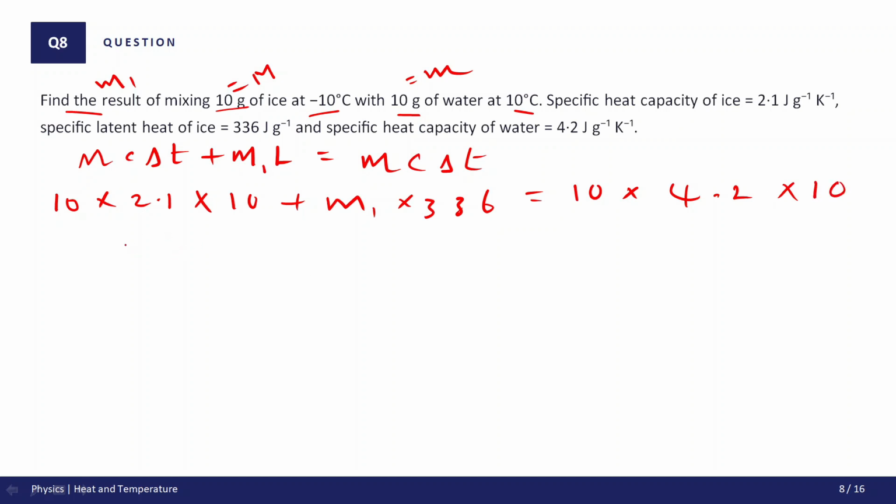What will you get? This is 210 plus M1 into 336 equal to 420, sorry, 420 it is.